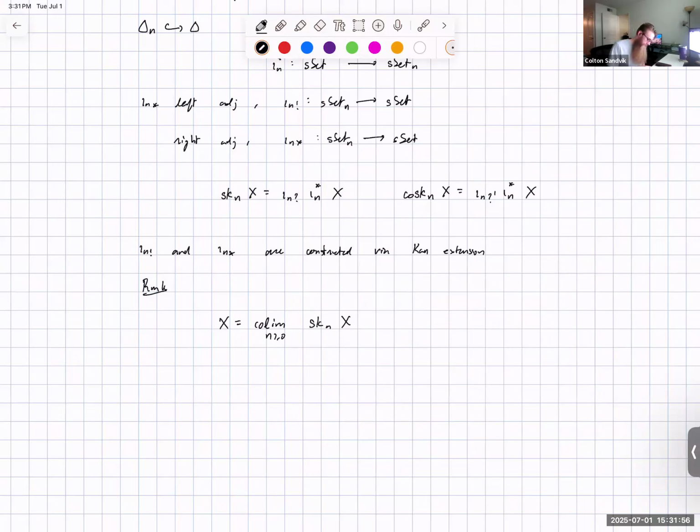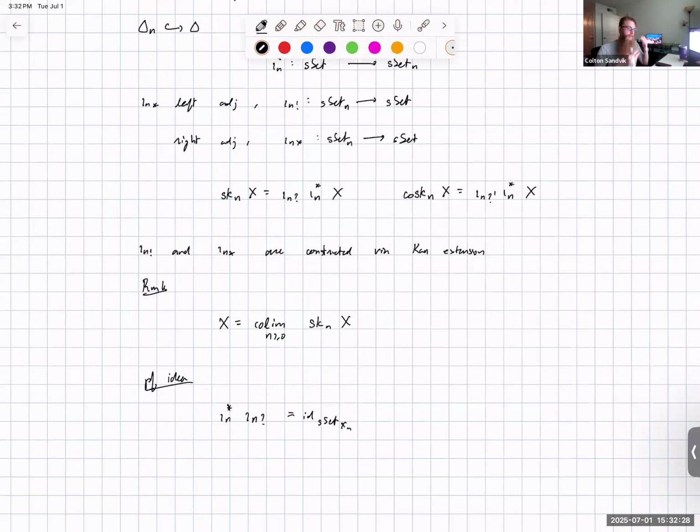And really the only thing that's worth noting in terms of how you prove this is the fact that if we first push forward in either the shriek or star sense, and then we pull back, we just get the identity on truncated simplicial sets.